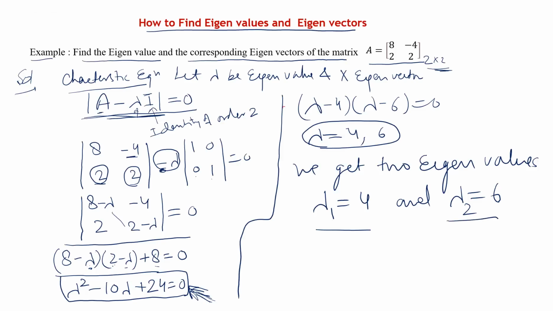Now we find the eigenvector corresponding to these eigenvalues. First we find the eigenvector corresponding to lambda 1 is equal to 4.